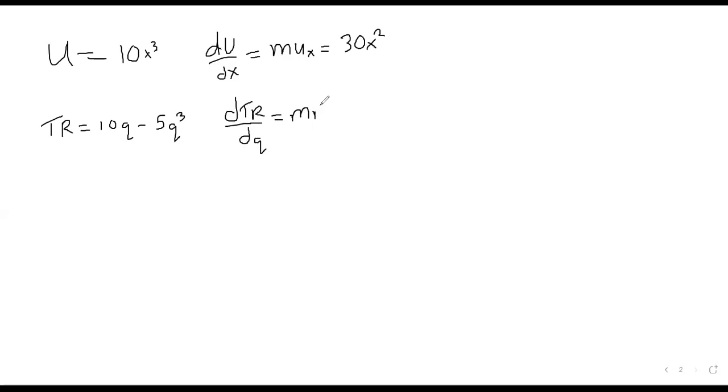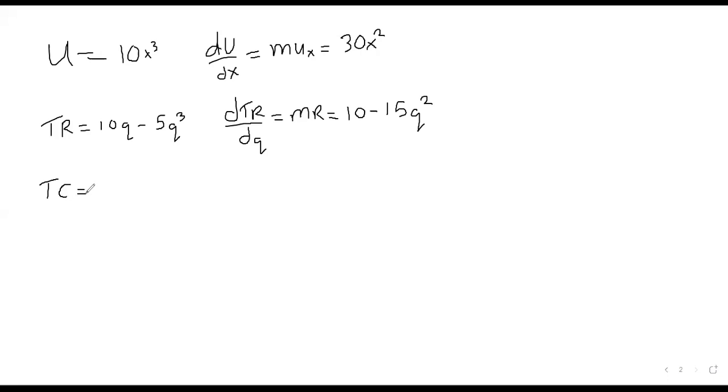So this is MR. What happens at 10Q? It becomes 10. How does it become 10? Because there's a 1 there. 1 times 10 is 10. 1 minus 1 is 0. Then the minus 5Q^3, when differentiated, it becomes what? 15Q what? Q^2. 3 times 5, minus 5, it is negative 15. Then subtract 1 from the 3. It will be what? A 2.